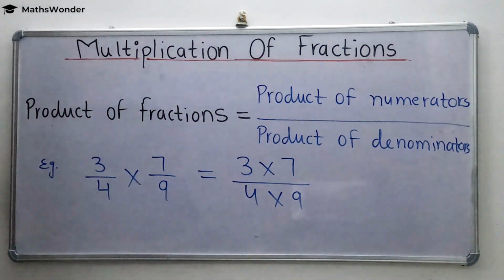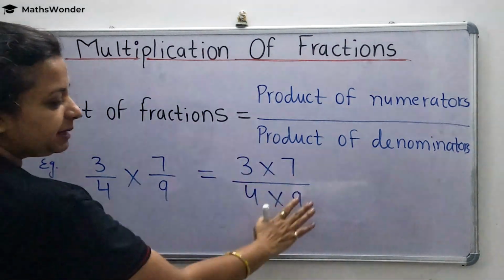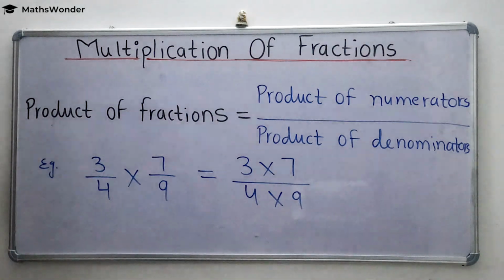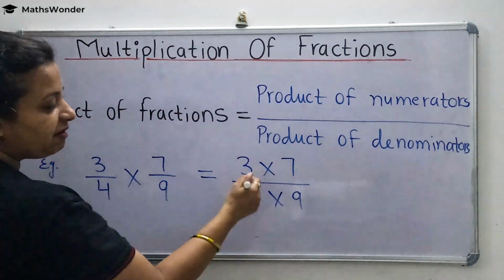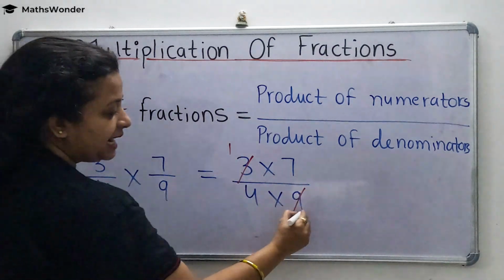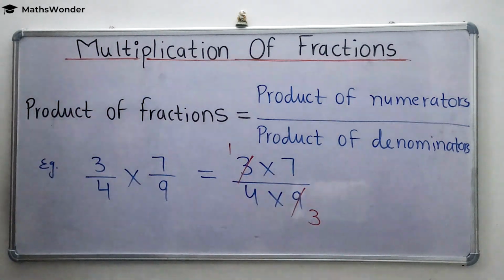Now first you will try to reduce or simplify here only, if possible. You know, you can only simplify a numerator with a denominator, any numerator with any denominator. We can't simplify with neighboring numbers. So 3 you can simplify with the 9. 3 times 1 is 3, 3 times 3 is 9.